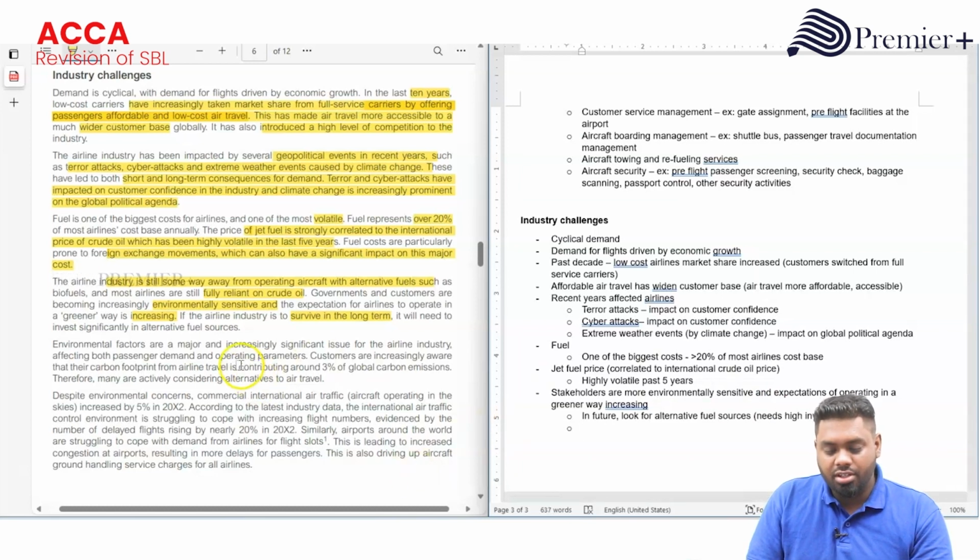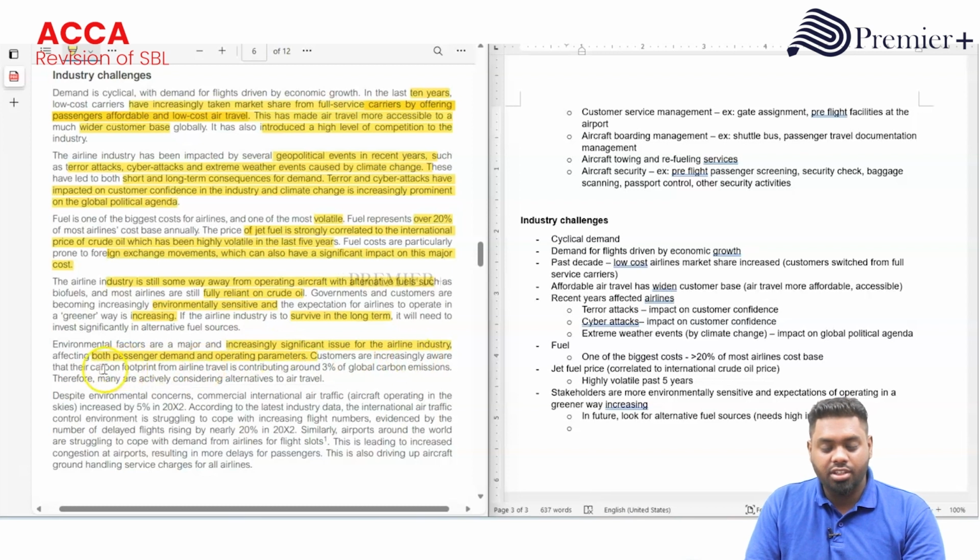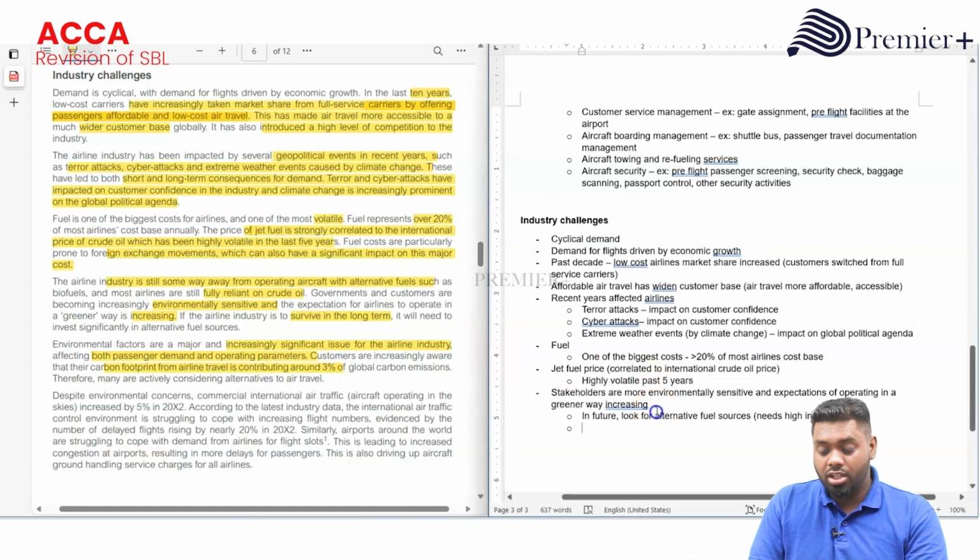Environmental factors are a major and increasingly significant issue for the airline industry, affecting both passenger demand and operating parameters. Customers are increasingly aware that their carbon footprint from airline travel is contributing to around 3% of global carbon emissions. Okay.